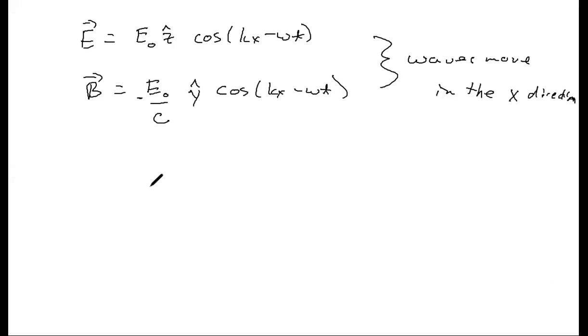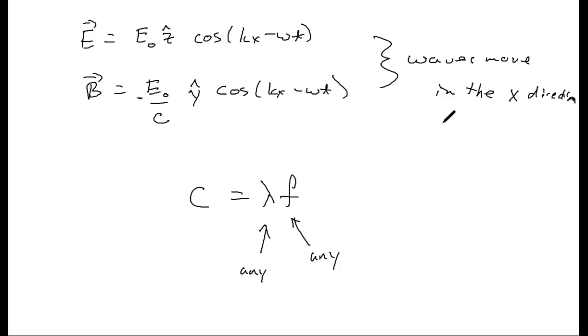Some different comments. As with all sinusoidal waves, we have different wavelengths and frequencies. So all we have to do is make sure that the speed of light equals lambda times f. You can have any wavelength and any frequency as long as you keep this product fixed.